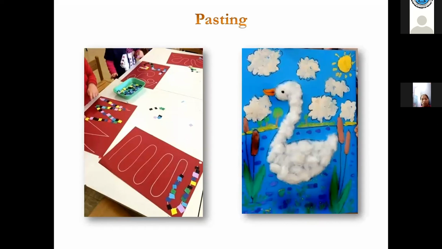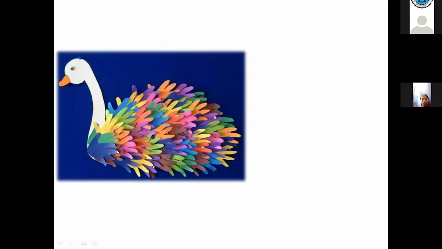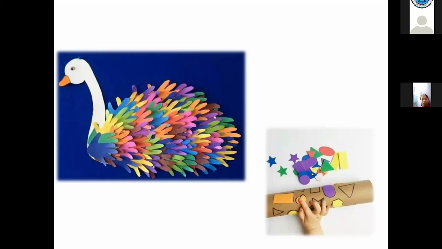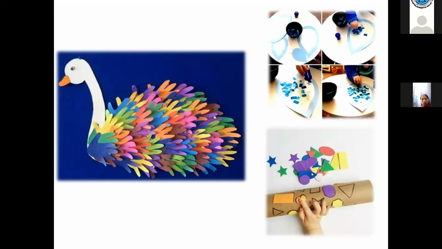So likewise, think creatively: pasting cotton, or you can make a fingerprint, cut it, and give the appearance of feathers. Or even with a toilet roll you can make different shapes, ask them to match and paste. Or even a collage will be a good idea so that the child will be engaged in performing these activities.